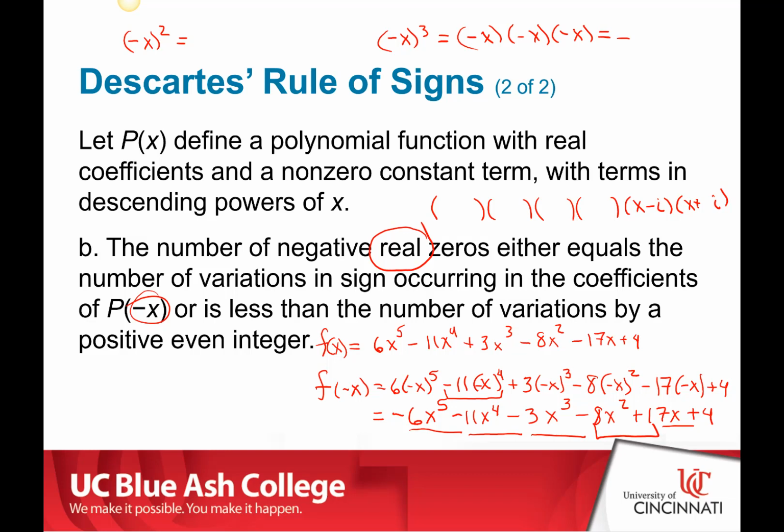If you've got a 5th degree polynomial and 4 of them are positive, you don't have an option there for negative or for imaginary roots because they come in 2s. You've only got 1 root left. It has to be negative. Good thinking. That's exactly right.